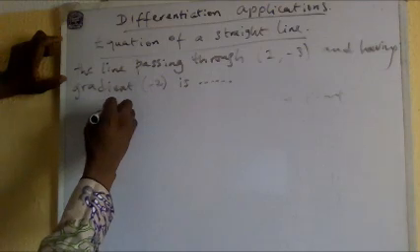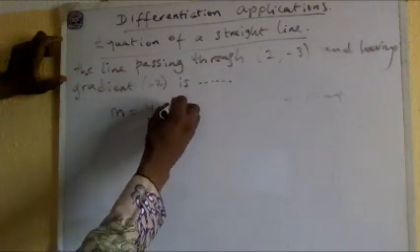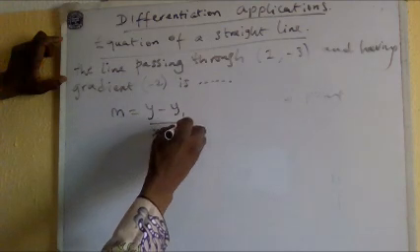So m is equals to y minus y1 over x minus x1.